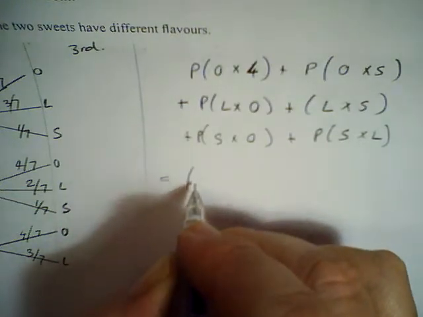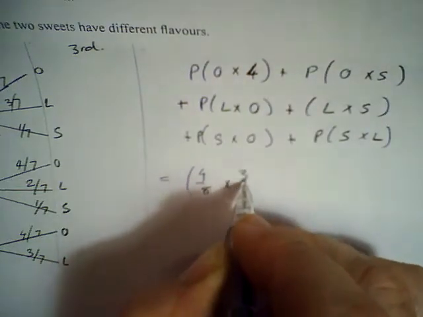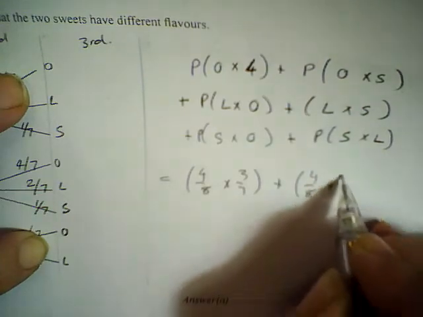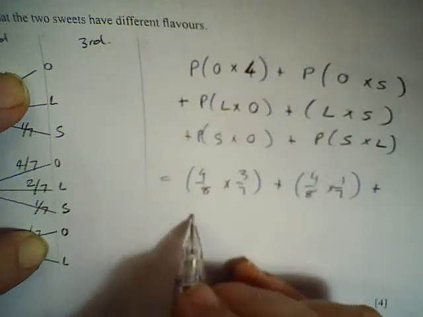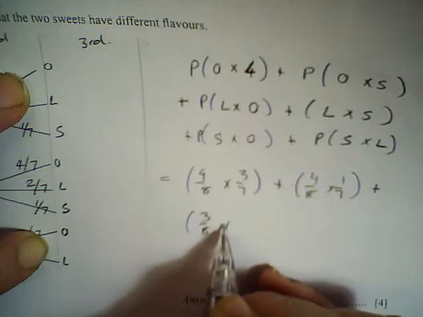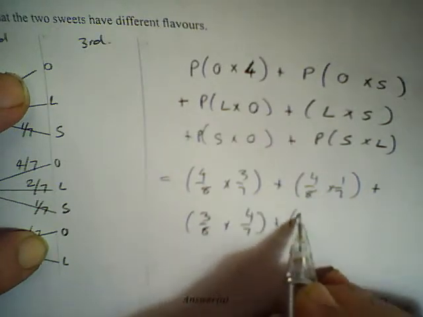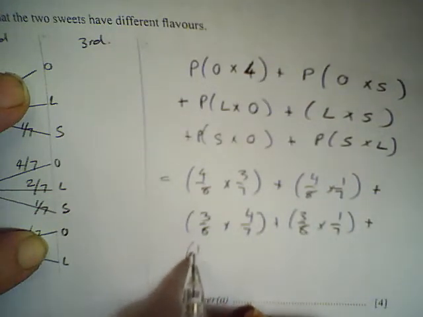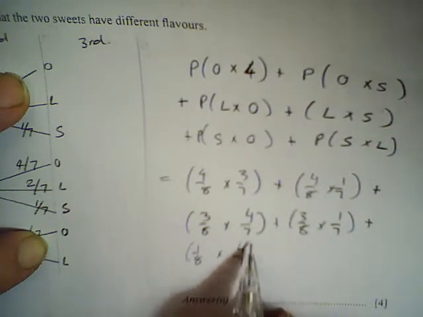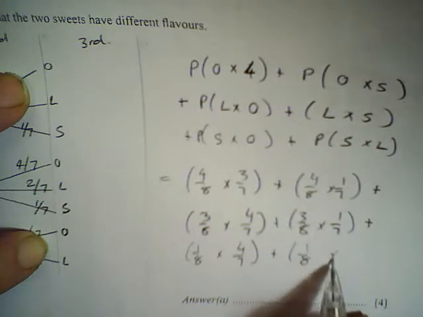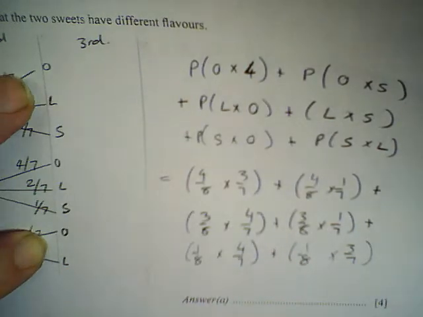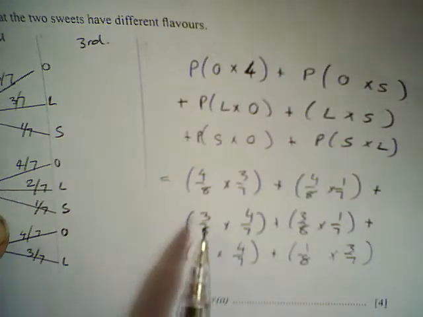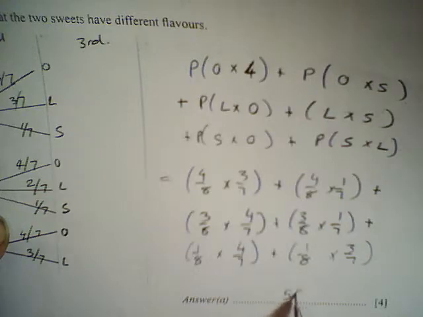That would give us 4/8 times 3/7 plus... okay, and then I can calculate it. 8 times 7, that will give me 56.